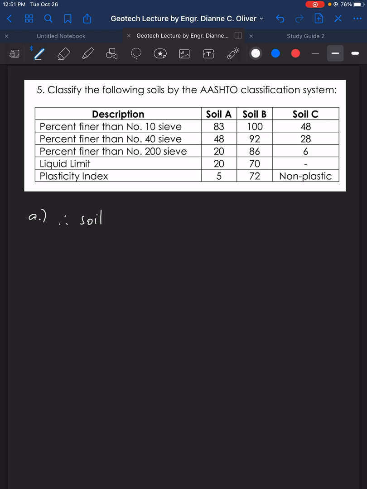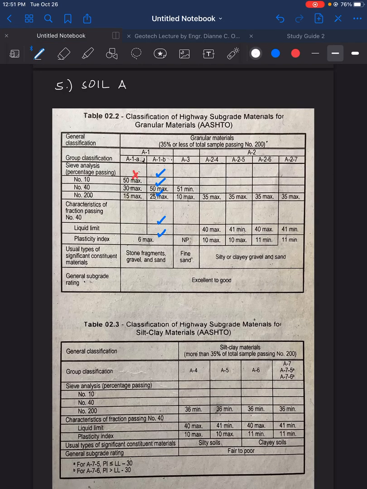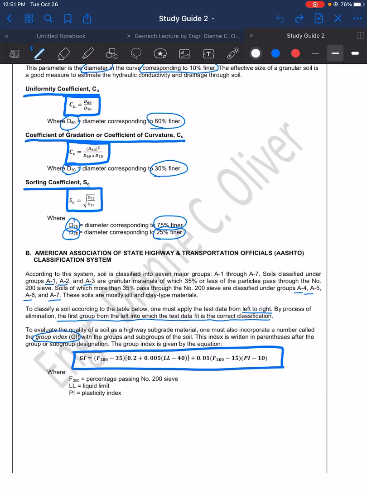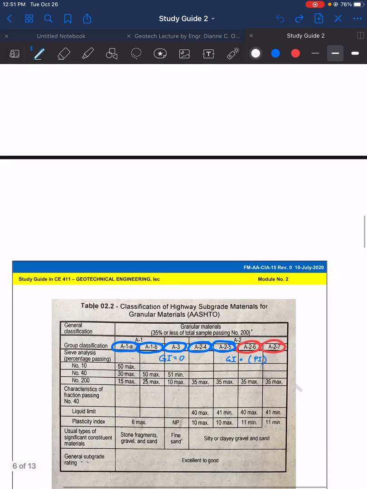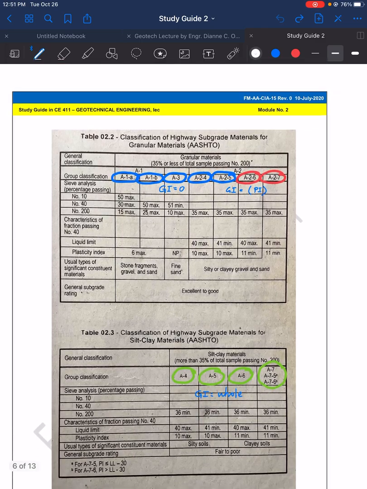we are not done yet because we need to find the GI, the group index, the one in parentheses. But we can have a shortcut here. If the classification of the soil falls under A-1-A until A-2-5, then GI is equal to 0.